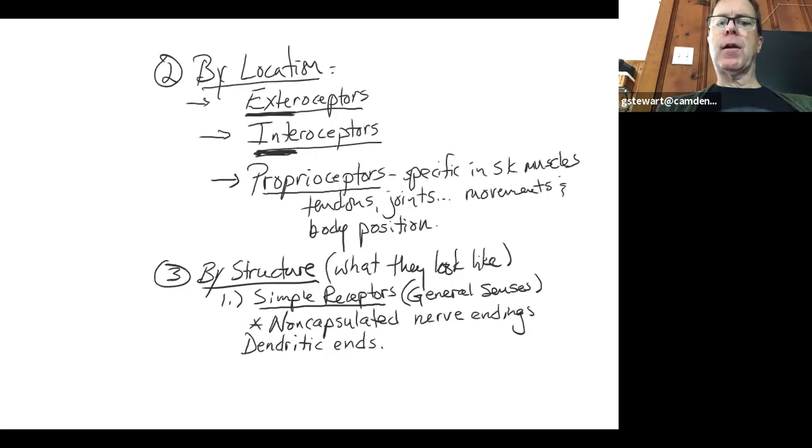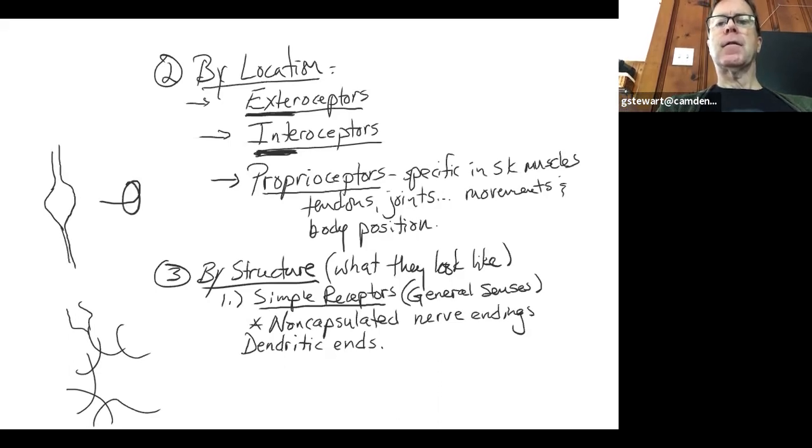So think of this. Remember in our neuron picture, our motor neuron picture, think of a sensory receptor, which is really, I should draw a bipolar neuron is what I should draw. Or a unipolar neuron, like this. This dendritic end is the sensory receptor itself.